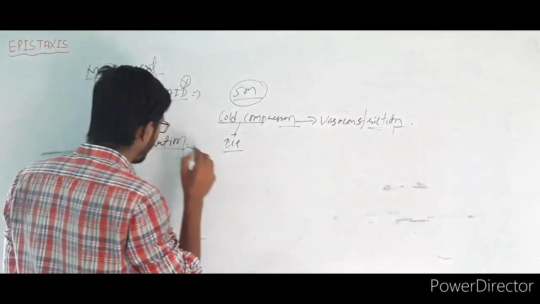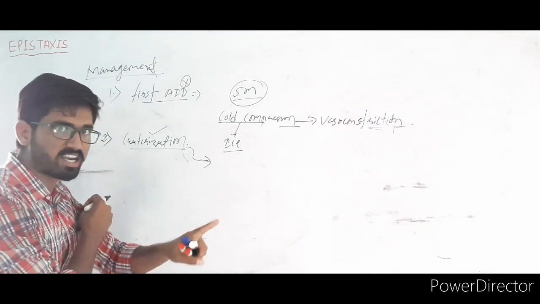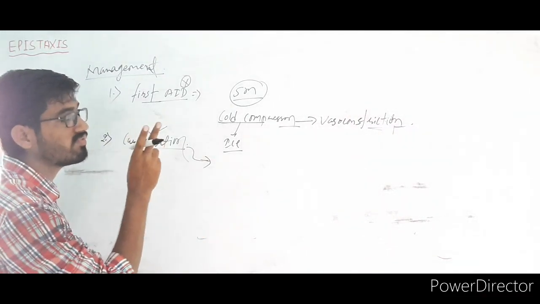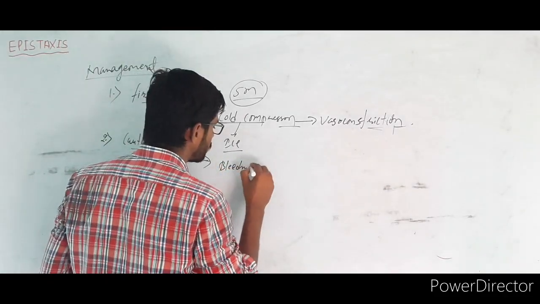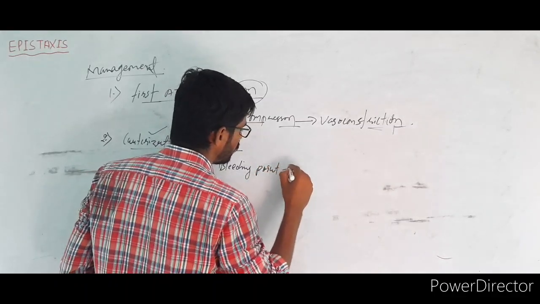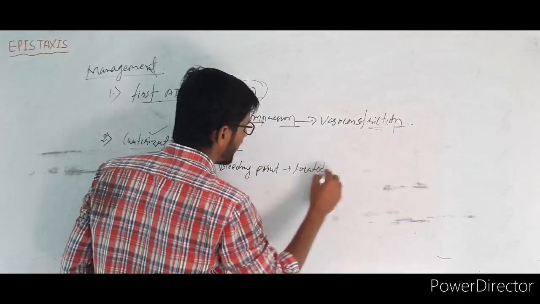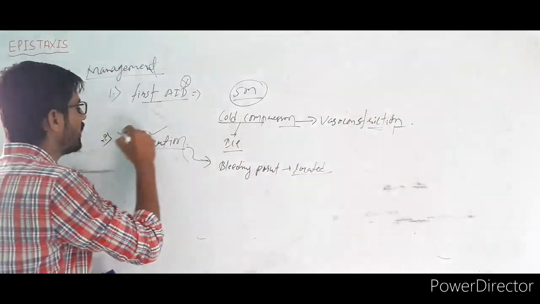We can do this when the bleeding point has been located. We know from where the bleeding is occurring. Only if the bleeding point is located can we do it, right?